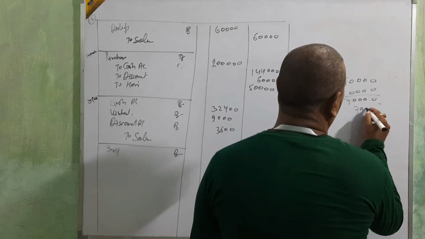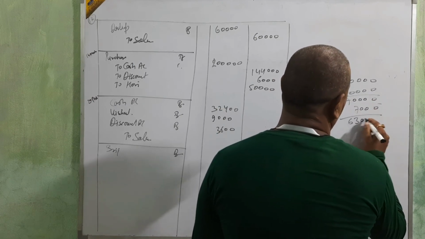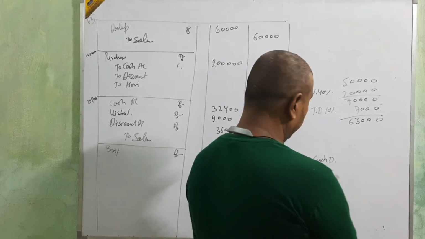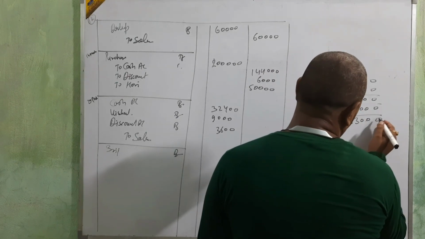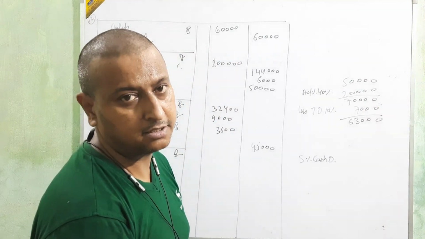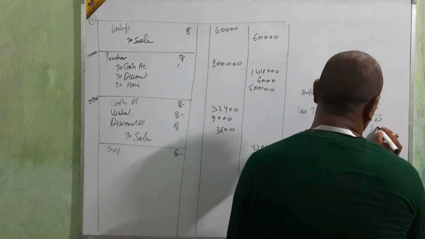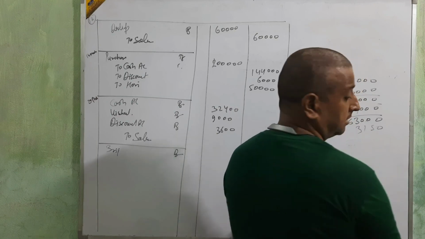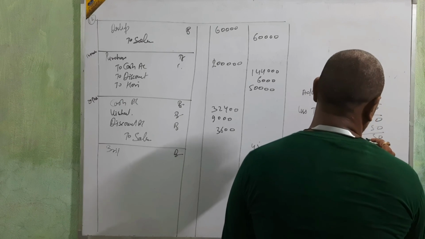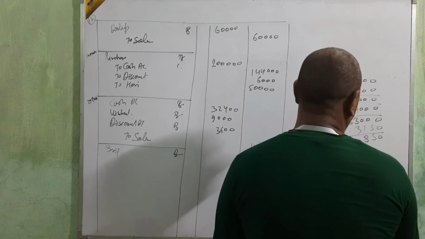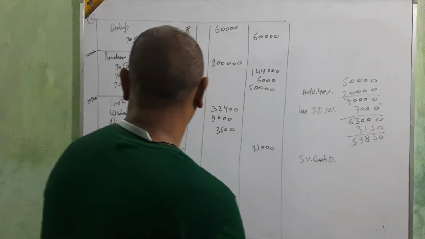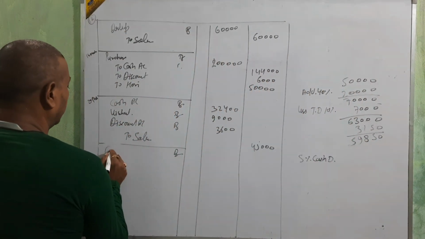Less 10% discount gives 63,000. Then the full amount we are receiving in cash, so only 5% less. 10% is 6,300, so 5% is 3,150, giving 59,850.